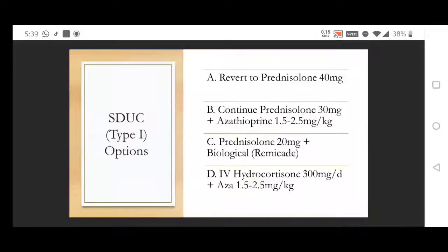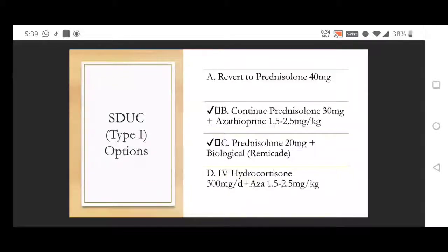Option C, you continue the same dose, which is prednisone 20 milligram, and you add the biological Remicade, I would suggest would be a better choice than Adalimumab. And choice D, IV hydrocortisone 300 milligram per day. So since I don't have access to this, let's see the answers.